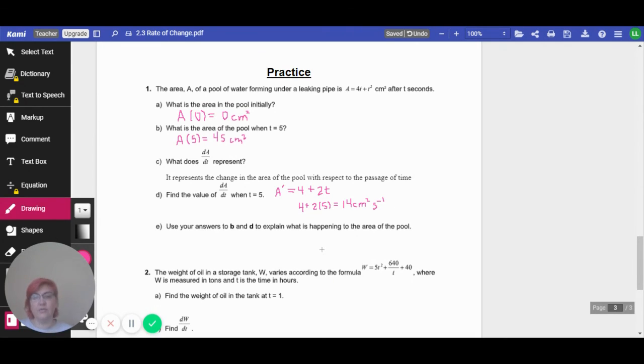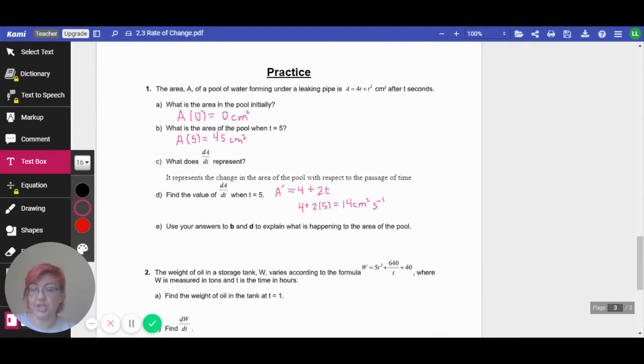So let's use those answers to explain what is happening to the area of the pool. Well, my rate of change is positive, so the pool is expanding. And so here it's at 45 square centimeters, and it's expanding at t equals 5 at a rate of 14 square centimeters per second.